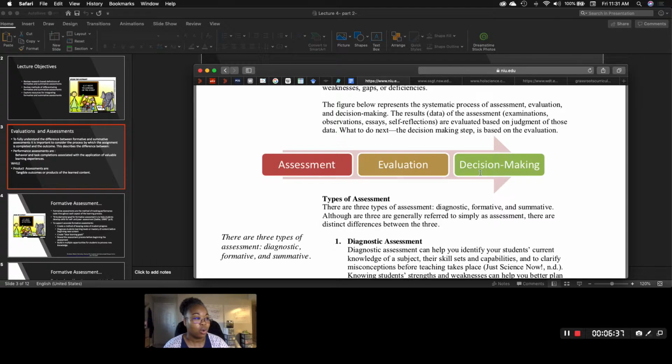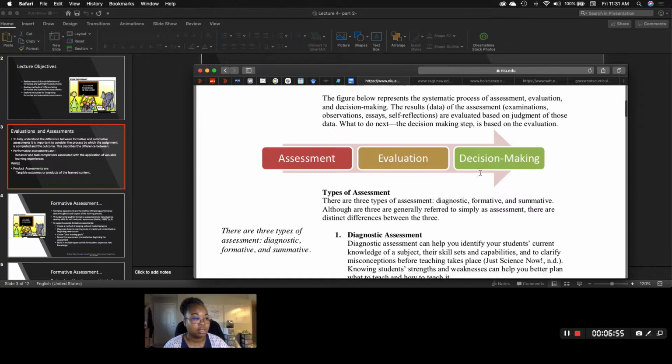And the decision only comes from you really firmly understanding where the student is in regards to what they were supposed to learn, and then also how you've integrated processes for them to acquire that new knowledge, and then how you reshape the teaching so that they can get what they need.